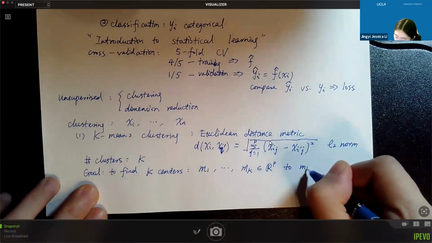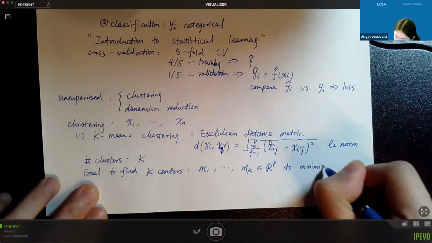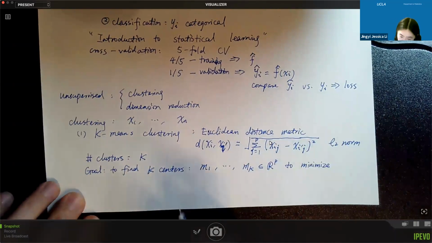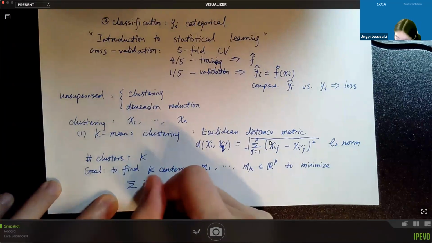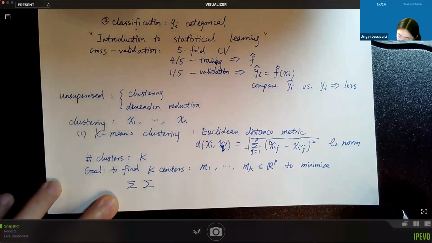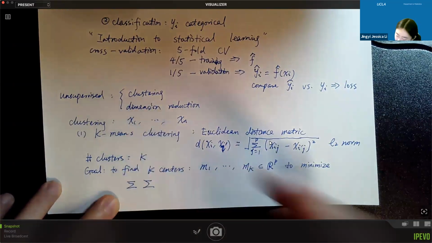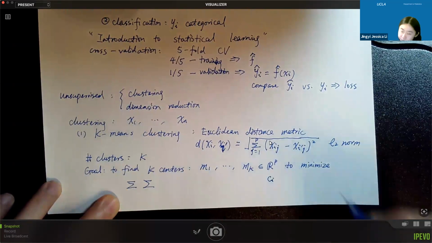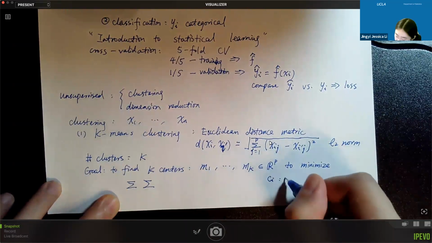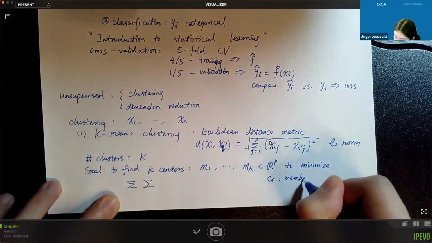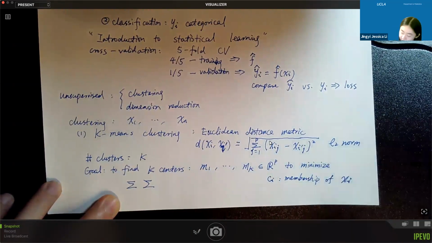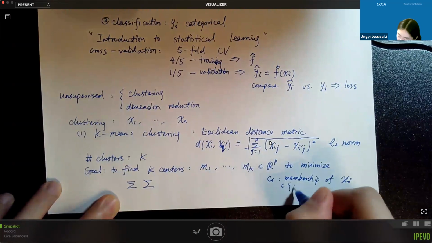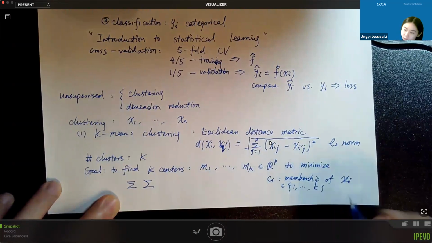So that we minimize this thing, which is a double summation. First of all, for every data point I will have its membership. The membership ci of xi is one of the k's, going from 1 to k.